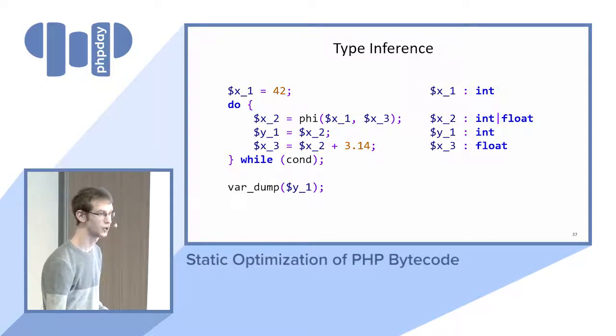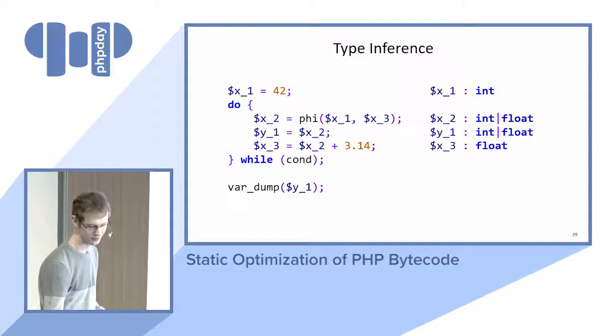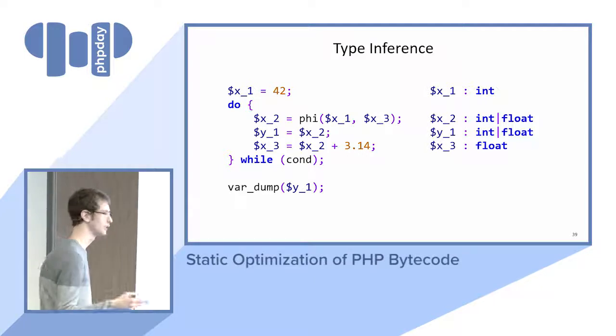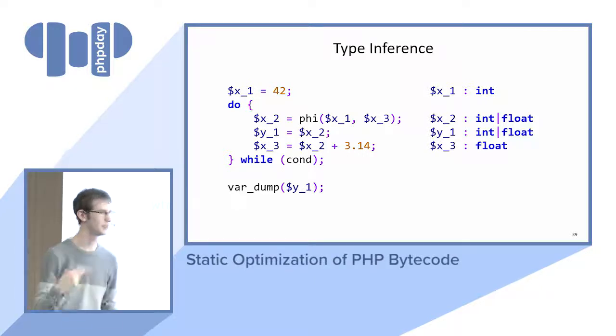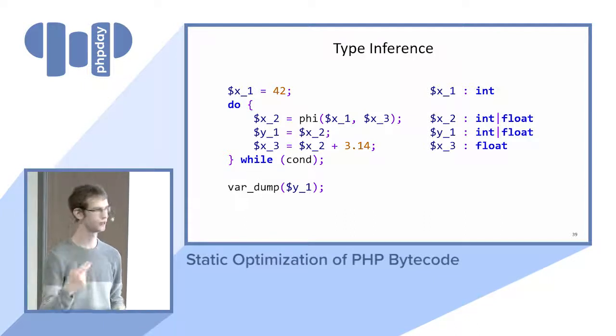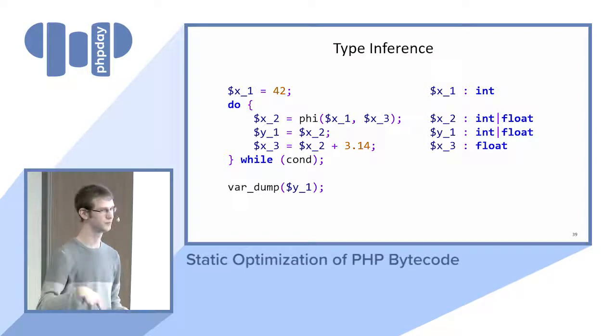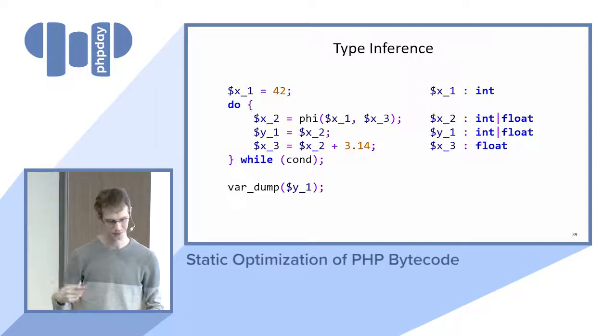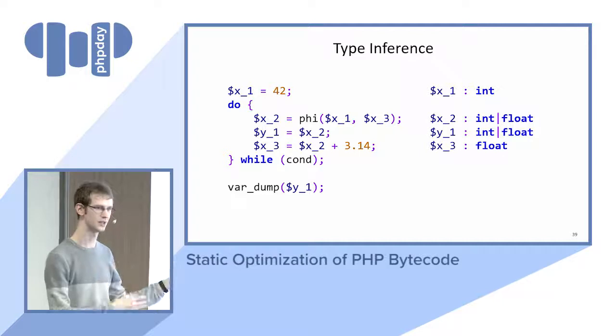And then again we propagate this, used in these two places, and this is the final result. And the reason why it's the final result is that if we try to propagate anything further, it's actually not going to change anything. So we've reached a fixed point, and if we keep iterating, then nothing changes. And based on some theory, you can show that once this happens, the result is actually correct.